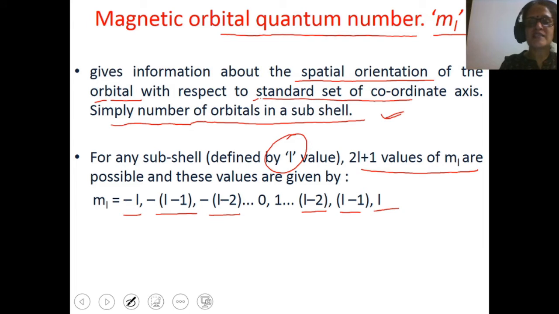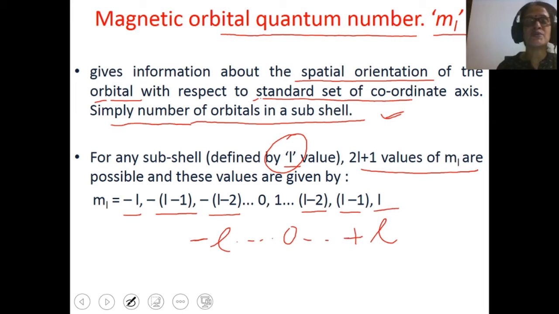Or simply we can say that for any subshell which is defined by the value l, ml can have values from minus l through 0 to plus l.